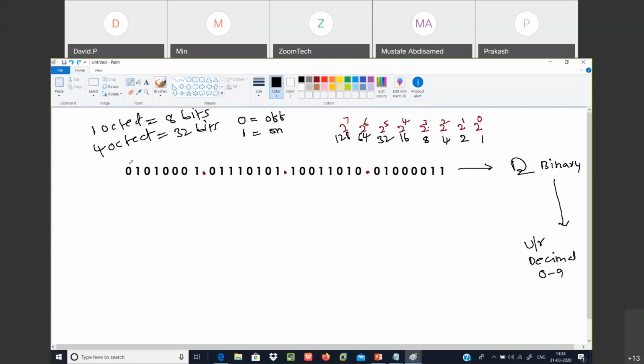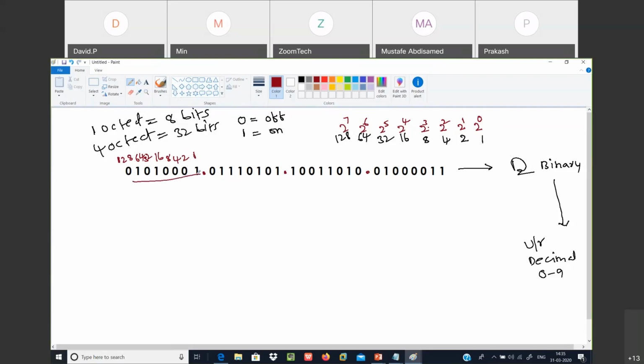The first octet is 0 1 0 1 0 0 0 1. What is the first bit value? 128. The first bit value is 128, then 64, 32, 16, 8, 4, 2, 1.